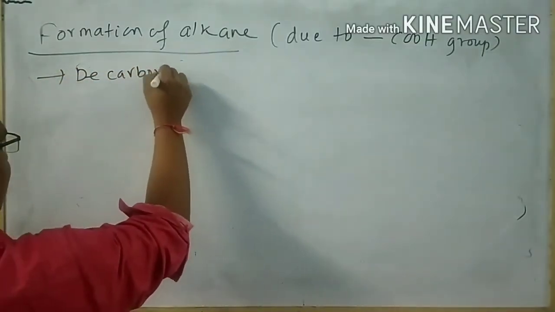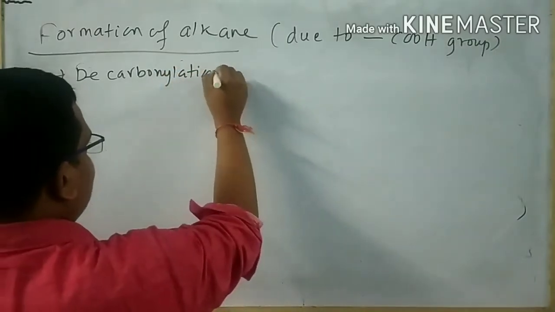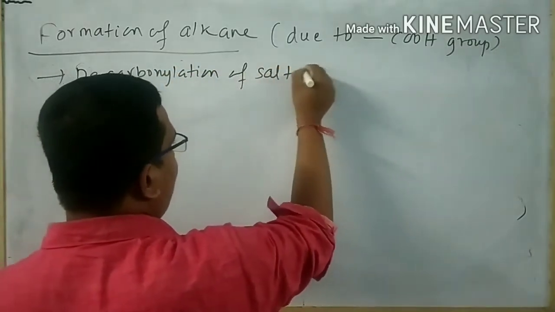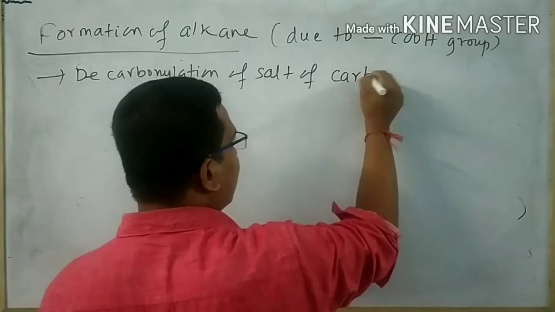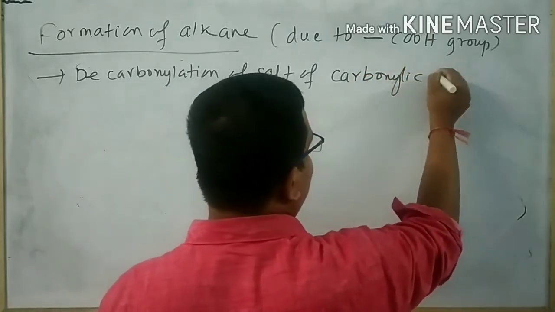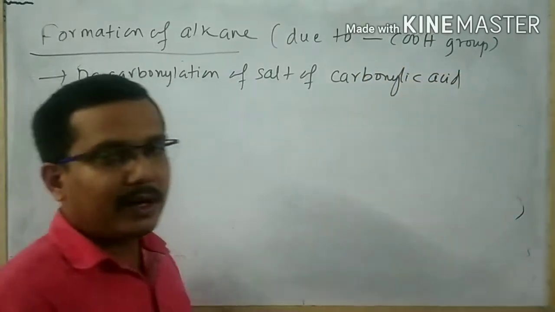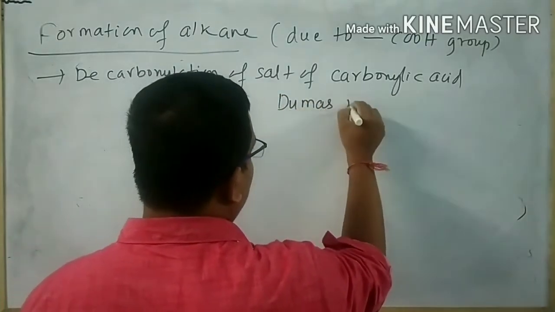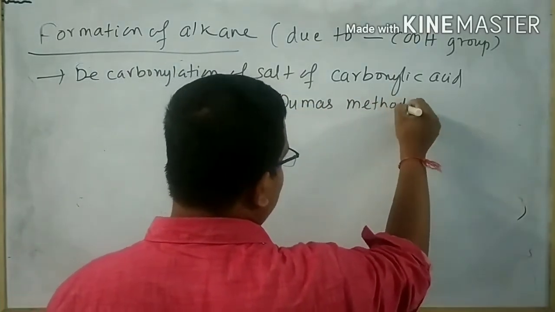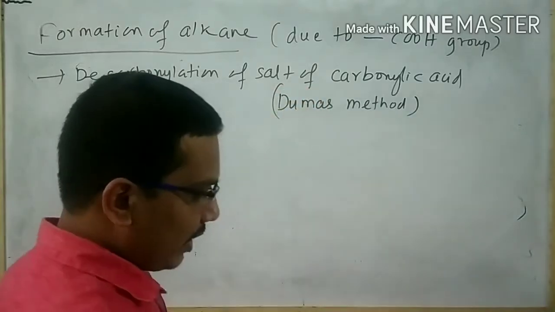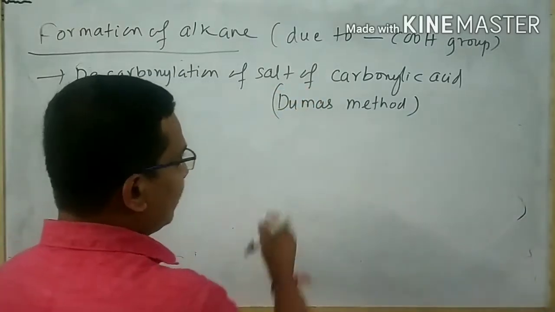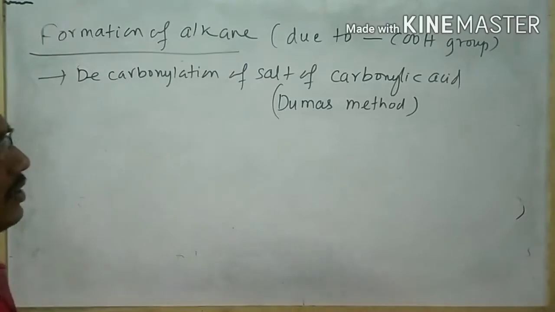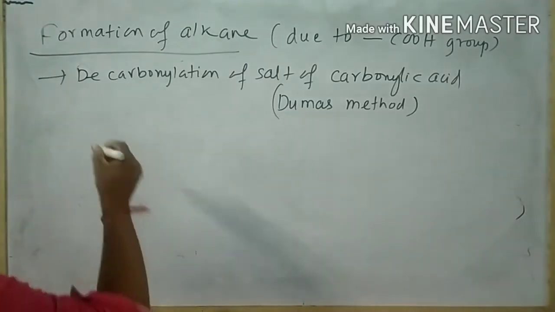Decarboxylation of salt of carboxylic acid is popularly known as the Dumas method, or you can also think of it as one type of decarboxylation reaction.